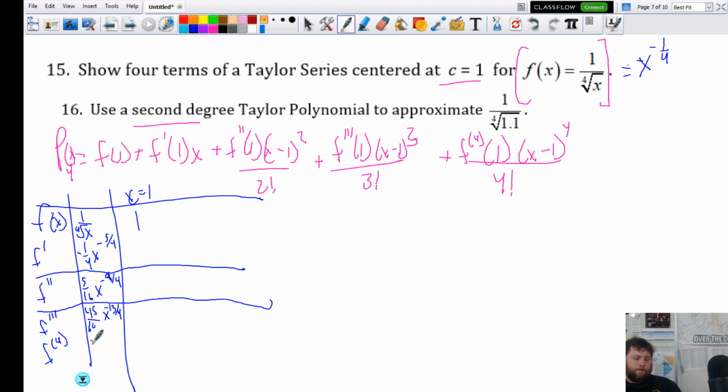The next one, 45 times 13, let's do that. It's going to be 450 plus 135, negative 585, sure, over 6 times 4 is 240. Can you simplify that? Sure.